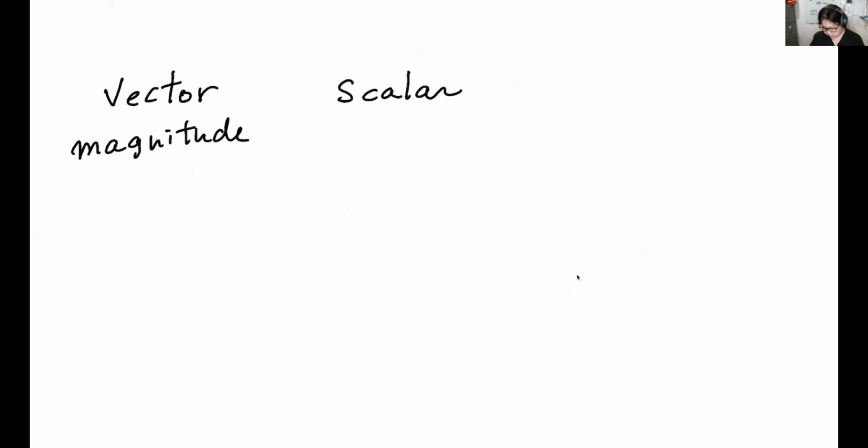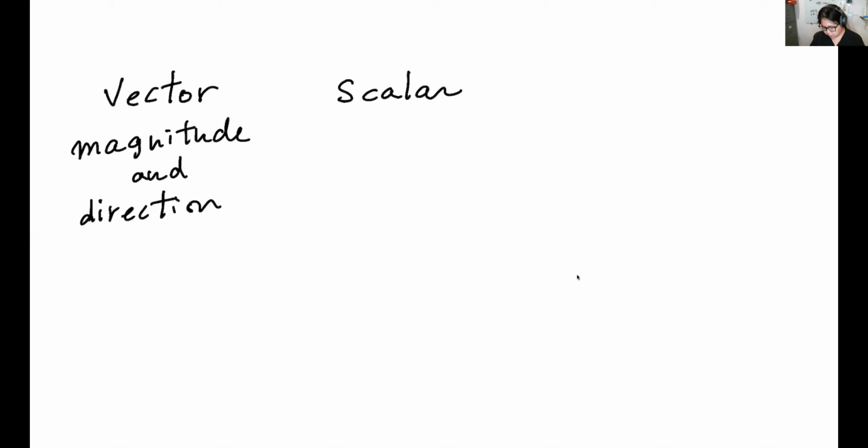So here I'm going to define the vector and what do you call that? Scalar. So here is a quantity that's called vector, and another quantity that's called scalar. A vector has the components of magnitude and direction.